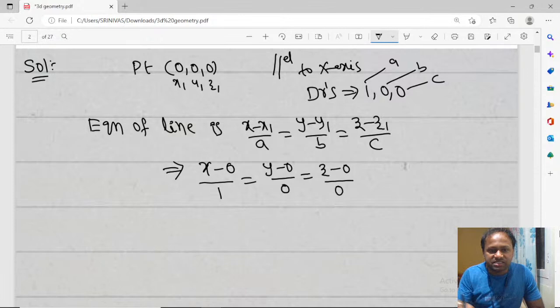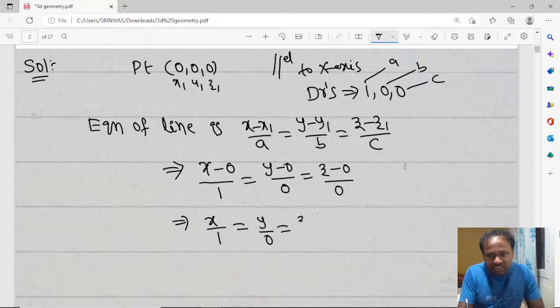So the answer is x divided by 1 is equal to y divided by 0, that is equal to z divided by 0. So this represents the equation of the line passing through origin and parallel to x-axis.